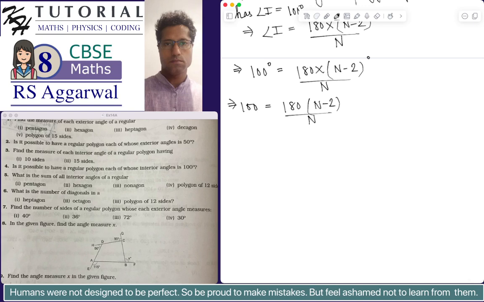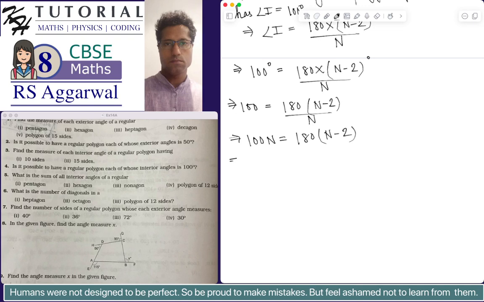From here we need to solve for n and see if we can get a value of n which must be a natural number or a whole number greater than or equal to 3. So if we do cross multiplication, we have 100 n is equal to 180 multiplied by (n minus 2).